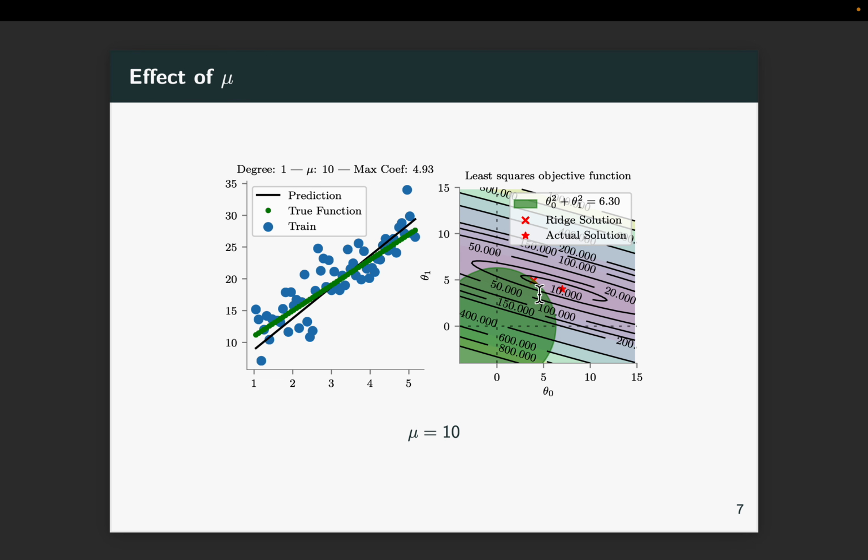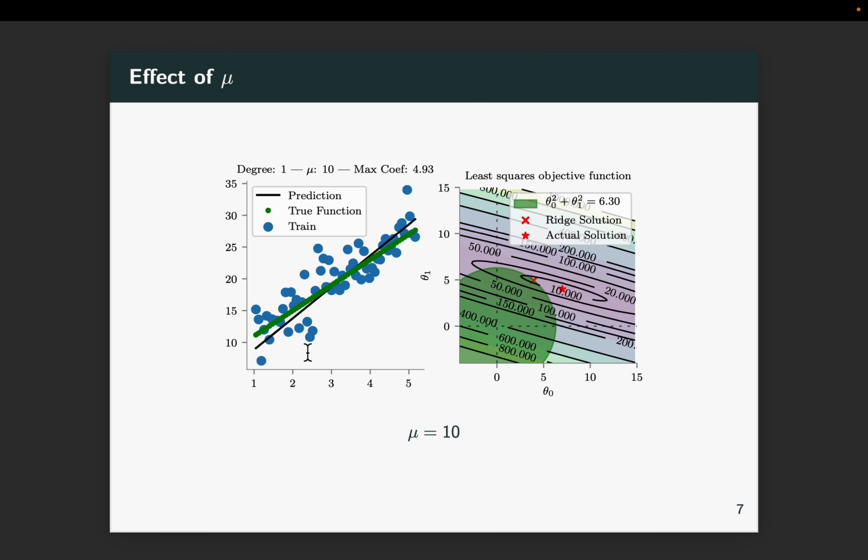So my solution has moved slightly away, but at the same time my theta naught squared plus theta 1 squared has now reduced from 7.78 to 6.3. Right. So for mu equal to 1, my theta transpose theta term, which is theta naught squared plus theta 1 squared, was 7.78. If I increase mu, it goes to 6.3.